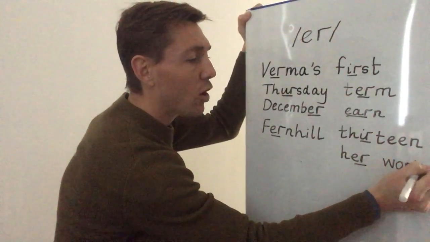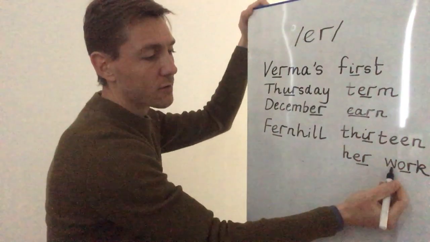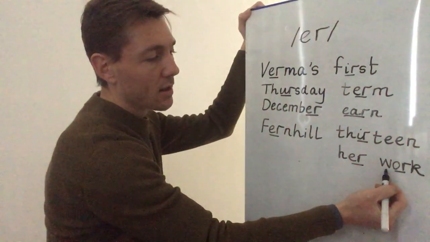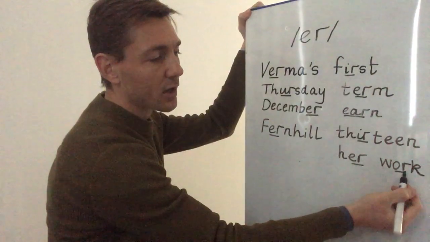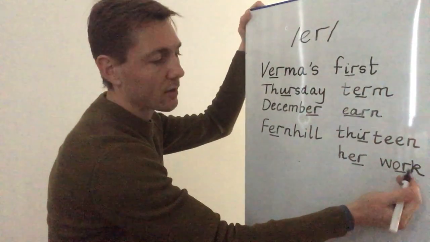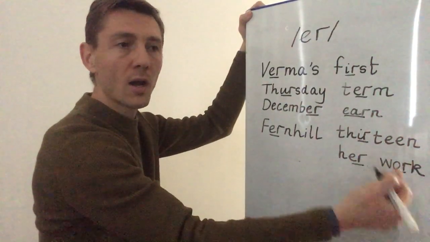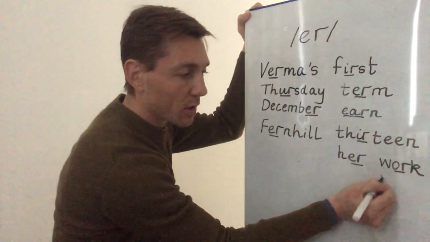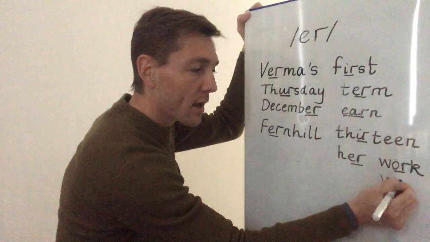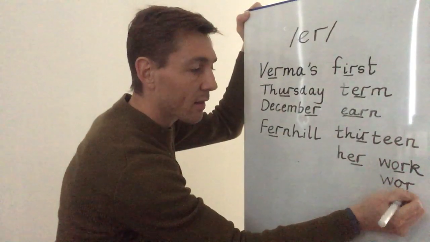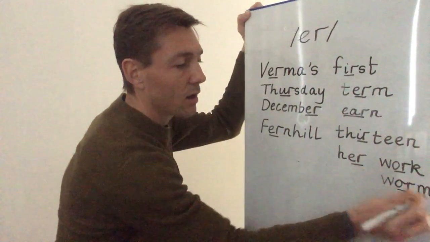Now remember that often after a w sound, the spelling that follows is the or spelling of the sound, as in work, world, worm, word, and so on. If it starts with a w, it's usually that spelling afterwards.